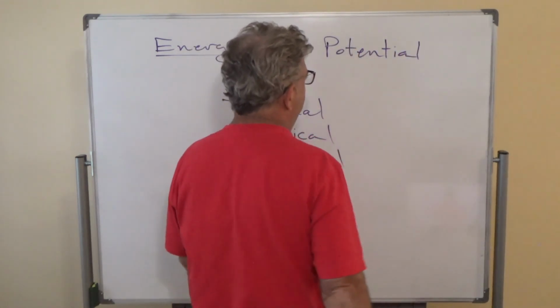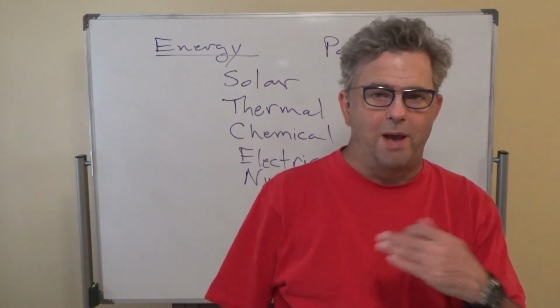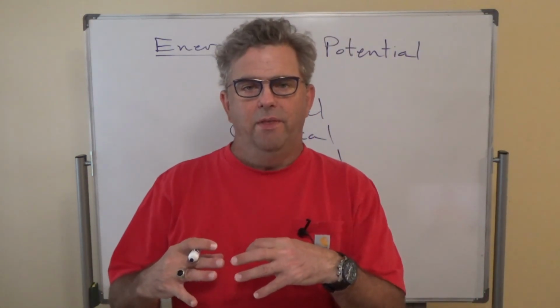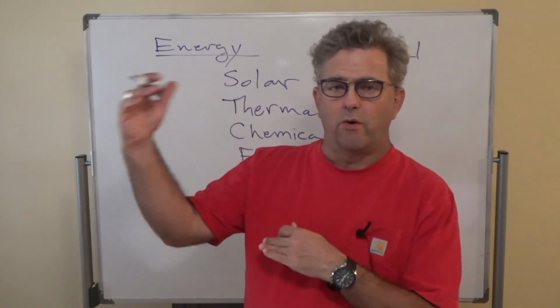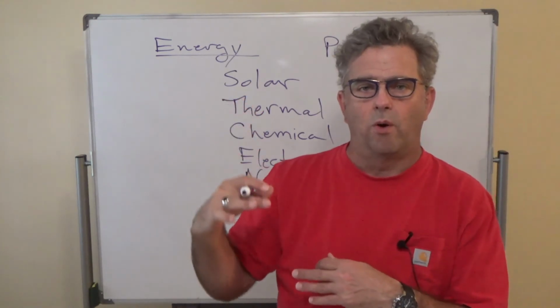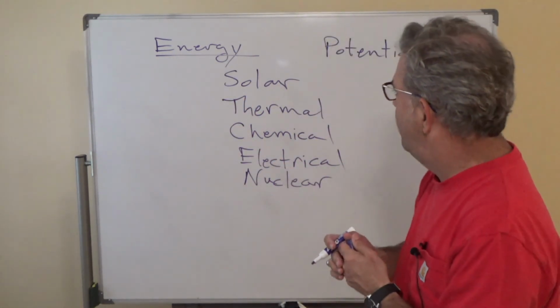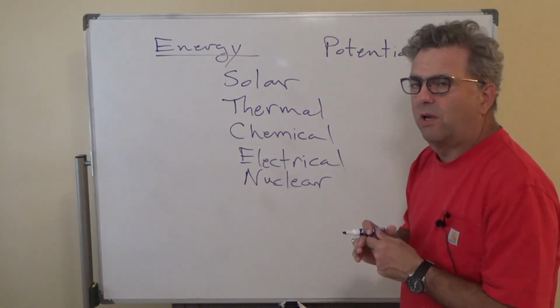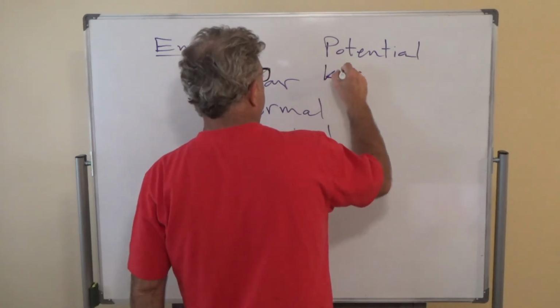Potential energy. Potential energy is, for the most part, what we're talking about now will be this energy of position, energy that's stored in a gravitational system or energy that's stored in a spring mass system, that kind of thing. So that's potential energy. There's also kinetic energy.